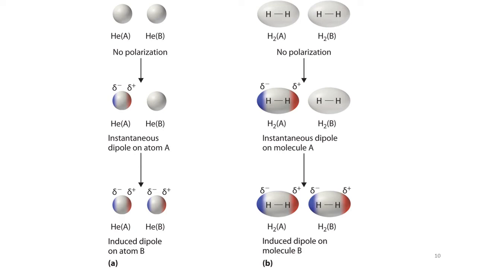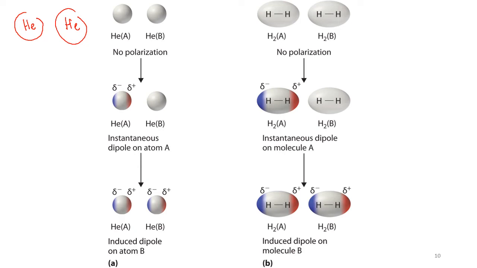Okay, so let's look at the example. So first, Miss ada dekat sini He. Okay, so helium atom with another helium atom. Okay, so inilah. So helium A dengan helium B, at normal condition, your electrons are evenly distributed, so no polarization.